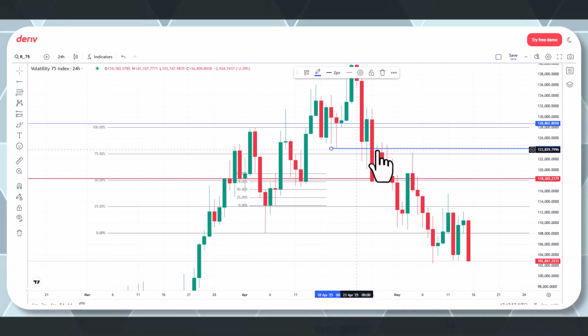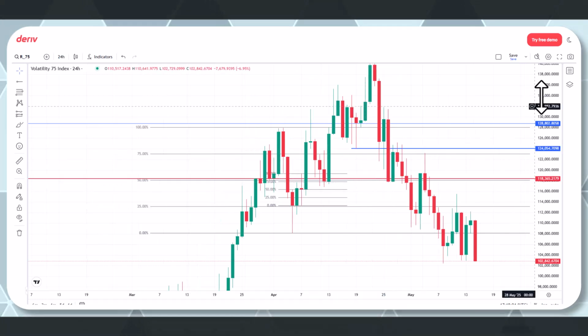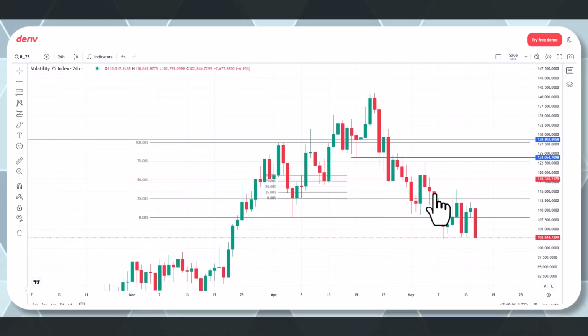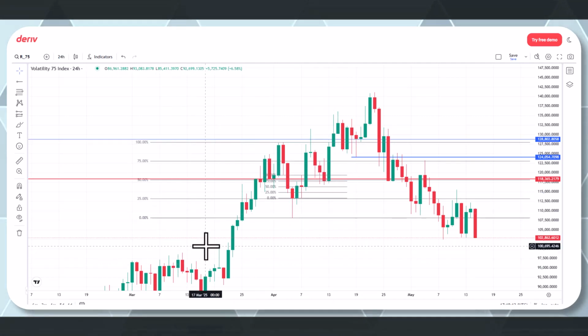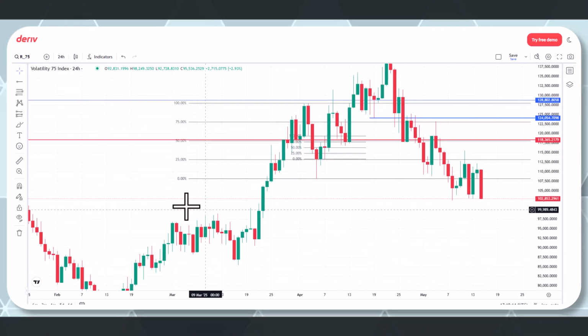Now, right before this movement right in here, we had a consolidation. We had a consolidation happening inside of this area. And this form of consolidation actually gives us a clear depiction of what is actually transpiring.